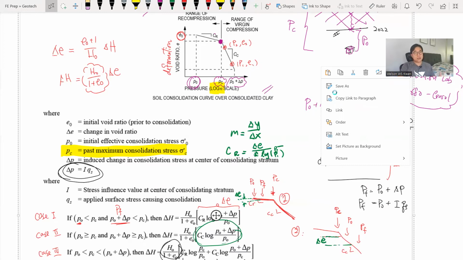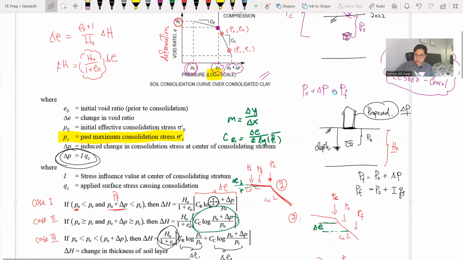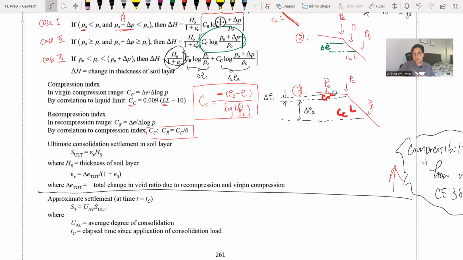Versus a highly overconsolidated clay, where the difference between C sub C and C sub R could be much smaller. But in general, this is 6 times according to the FE manual. And again, in the FE exam, when you see the keywords C sub C and C sub R, given C sub C and asked to estimate C sub R, or the other way around, then you can record this formula.